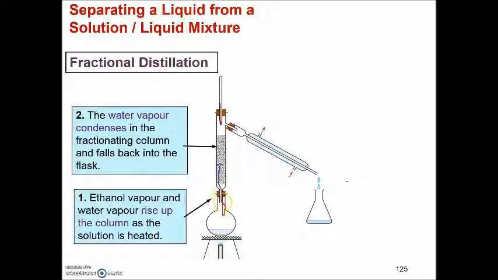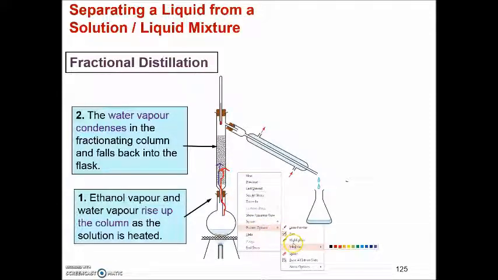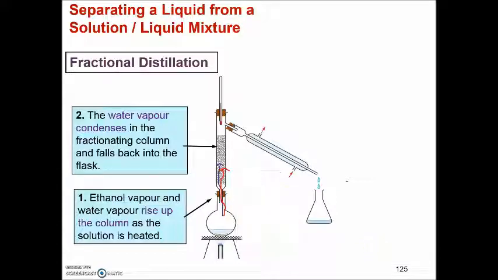So it will boil and it will rise up as well. Now, water being the one at the higher boiling point, once it reaches the cool glass beads, it will actually condense back first. Now, it doesn't mean that the ethanol doesn't condense, but more of the water will condense back, and it will return all the way back into the round bottom flask.